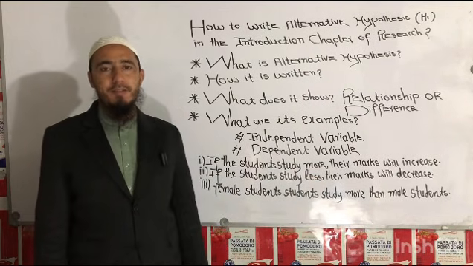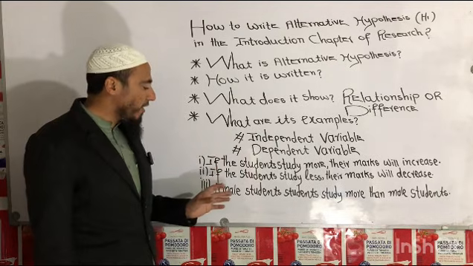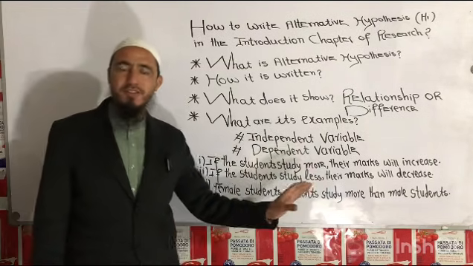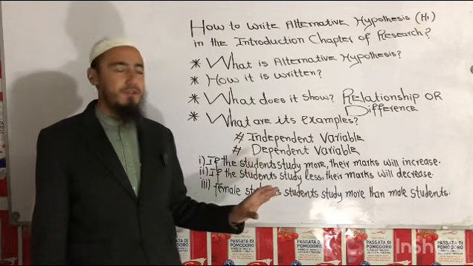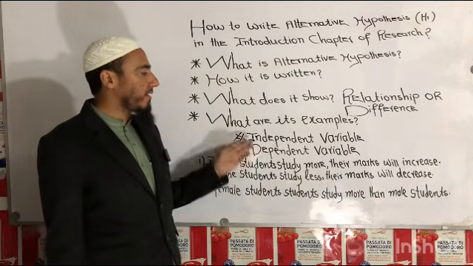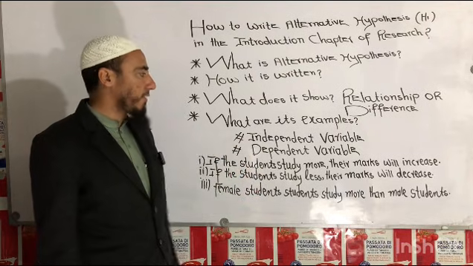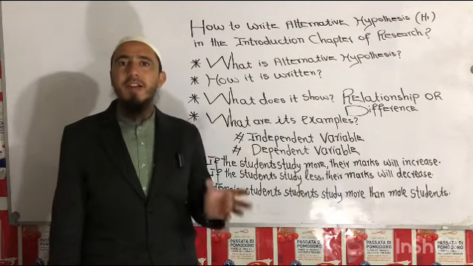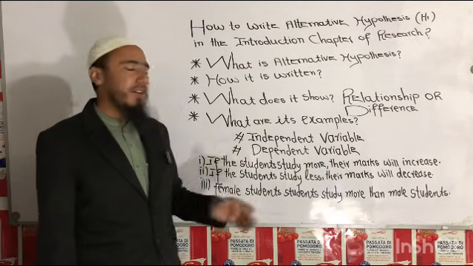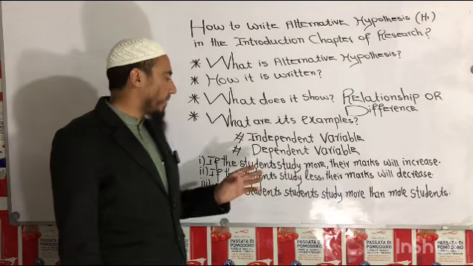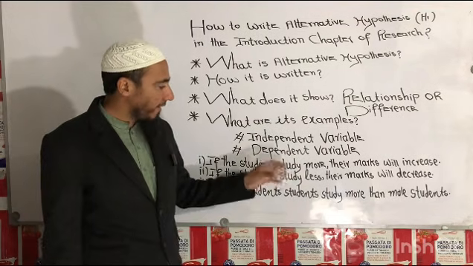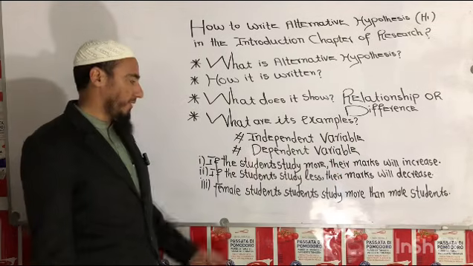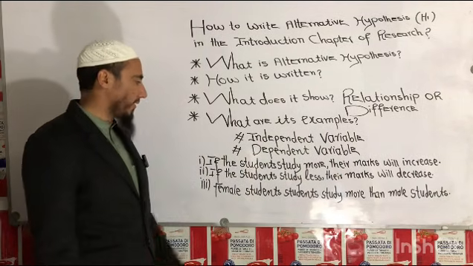Negative relationship. When one side increases, another decreases, there is a negative relationship. But when one side increases, another also increases, there is a positive relationship. See, if the students study less, their marks will also decrease. So in this example, positive relationship is there.